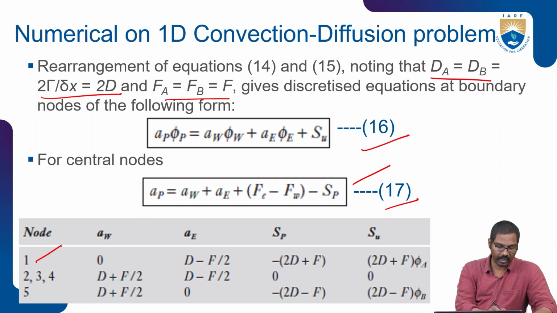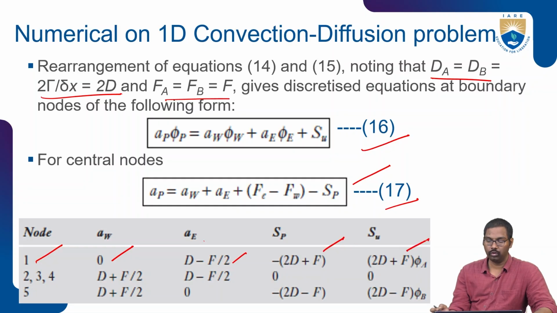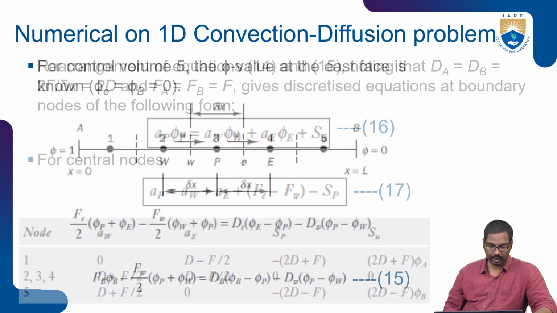For node 1, aW equals 0 as there is no west element, and aE equals D − F/2, Sp equals −(2D + F), and Su equals (2D + F) φA.